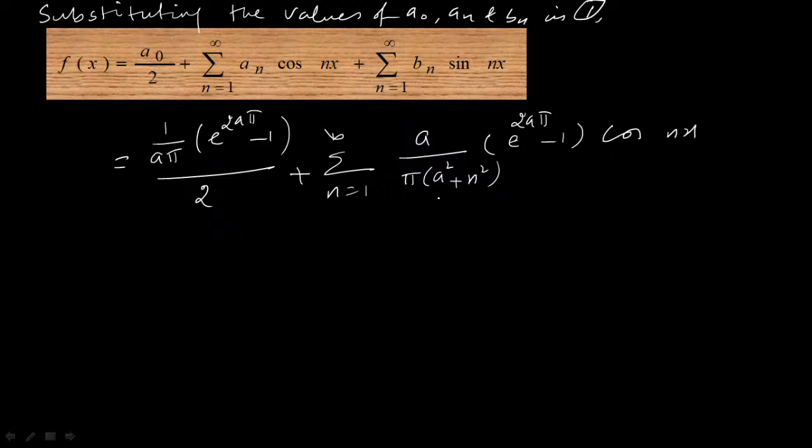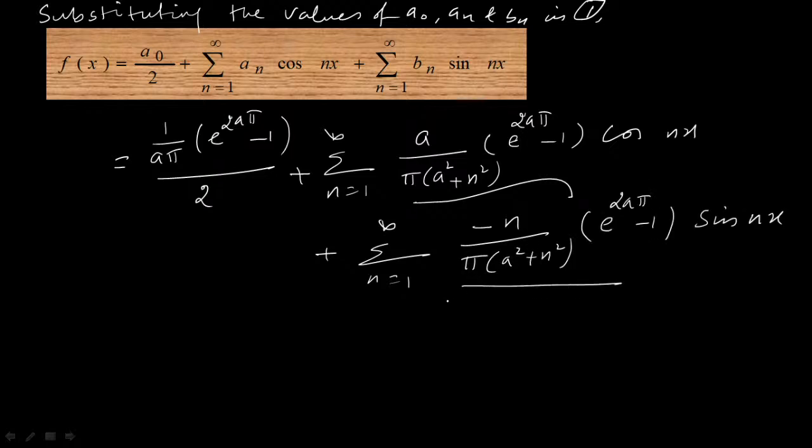This is your An of cos nx plus Bn is sigma n varies from 1 to infinity. Your Bn value is minus n divided by pi of a square. This is your Bn value. So if there is an n term within the summation, you take it outside or just leave it as it is. That is not a problem. Okay. So this is your f of x.